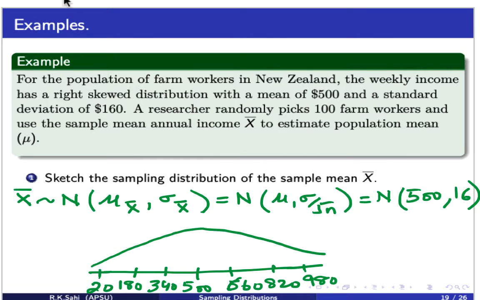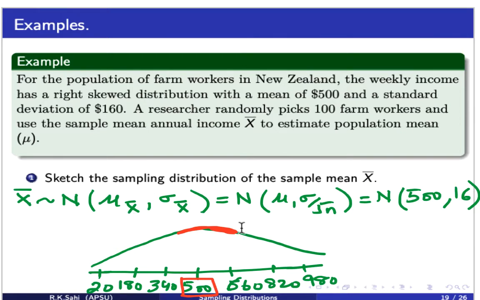Okay, remember the mean is 500 and that's where your mound is. The mound of the bell-shaped curve is right over the 500, the mean of the sample mean. Okay, so this is the sampling distribution of the sample mean. Remember, it is a normal random variable.